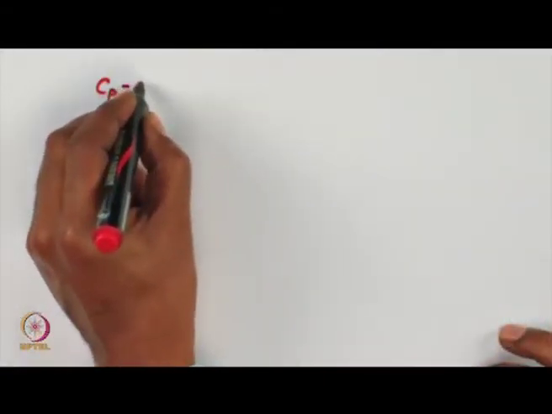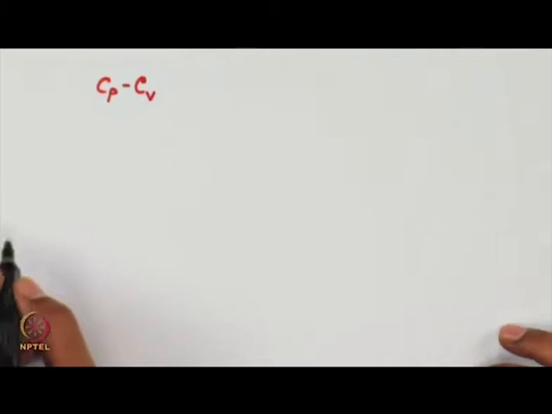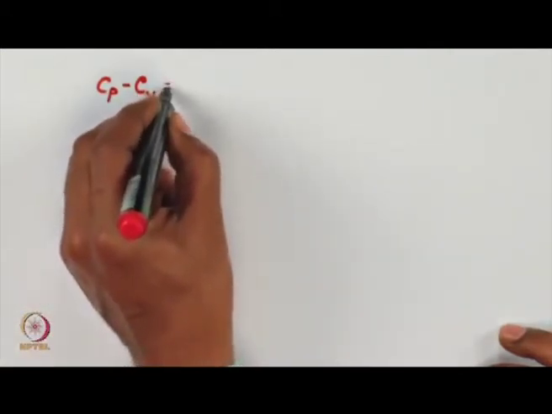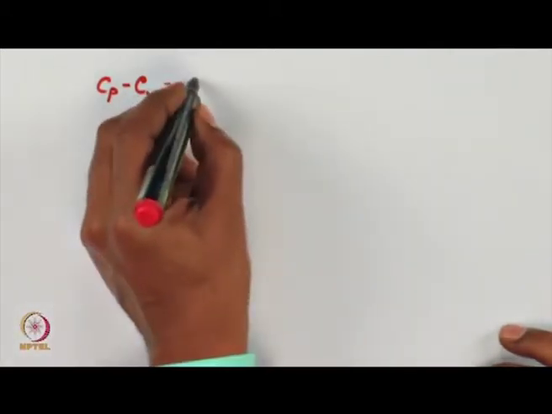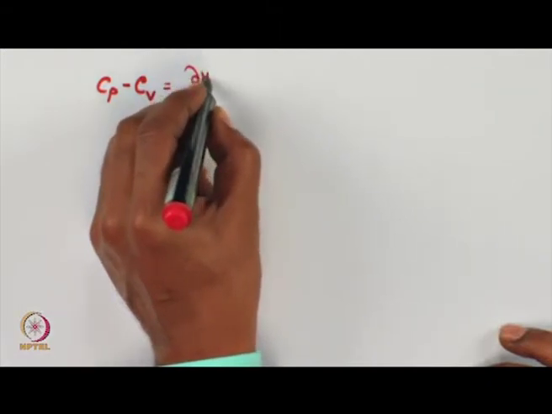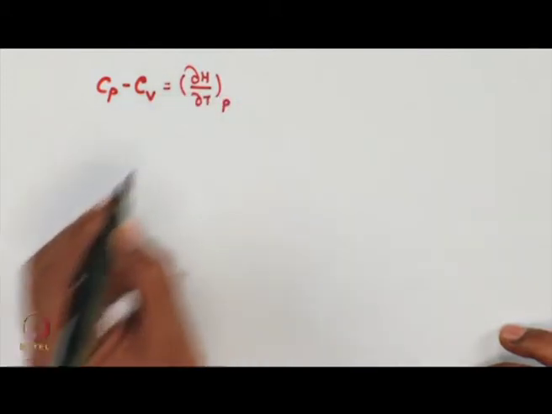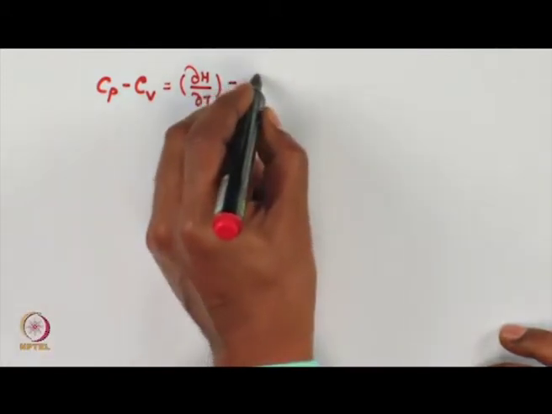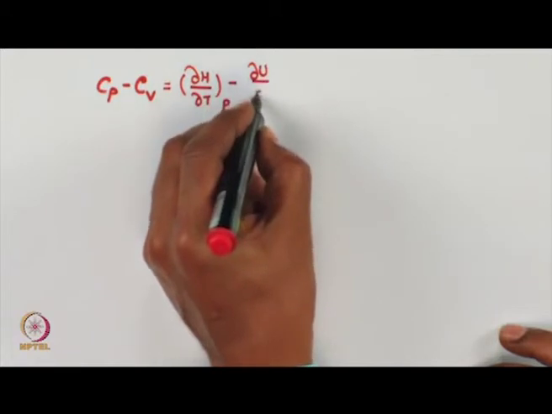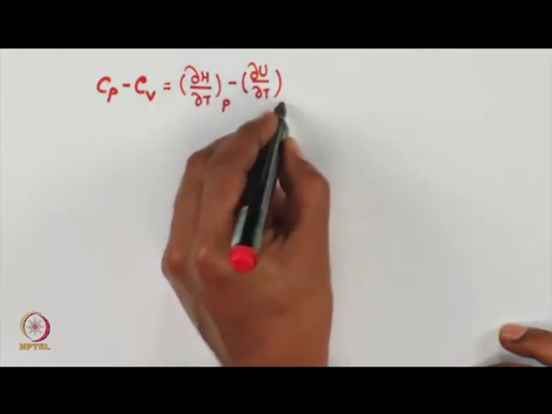Let us first begin with a general definition of Cp and Cv. Let us write down Cp minus Cv. This is equal to, Cp is dou H dou T at constant pressure and Cv is dou U dou T at constant volume.